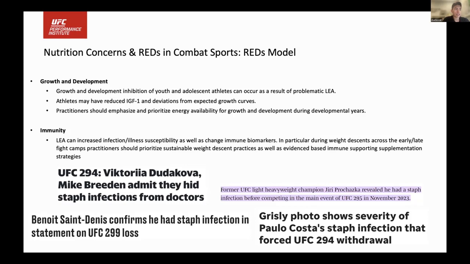Low energy availability definitely increases infection and illness susceptibility, so practitioners, particularly during the weight descent and early and late fight camp, have to prioritize sustainable weight descents and evidence-based immune support supplementation strategies, as well as dietary approaches. There has definitely been a proliferation of staff-related infections that have hampered fights or even complicated acute weight cuts.